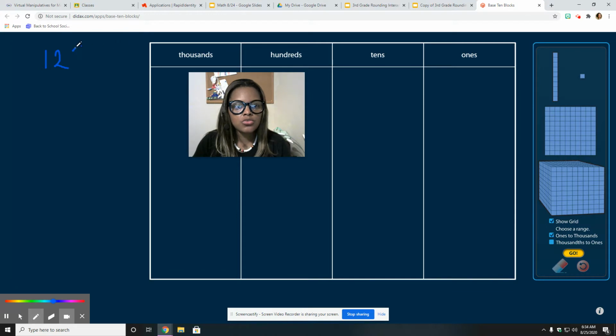Now, first of all, to find your benchmark number using a number that has three place values, you look at the tens column, okay? That's the only thing I want you to look at when we're trying to find a benchmark number with a number that has hundreds in it, okay? Look at that tens place, okay?